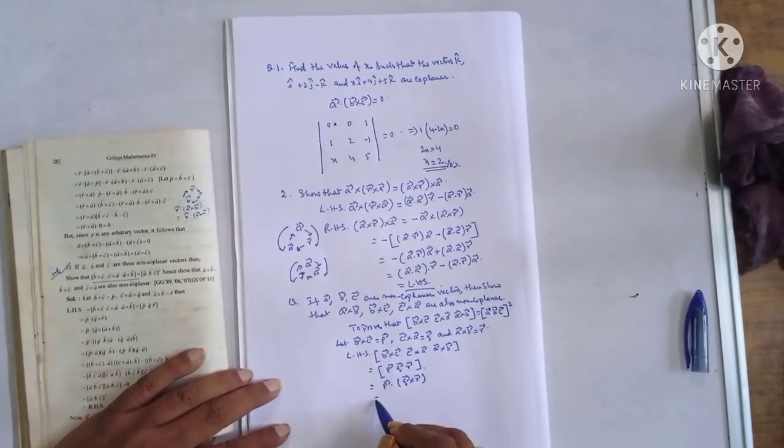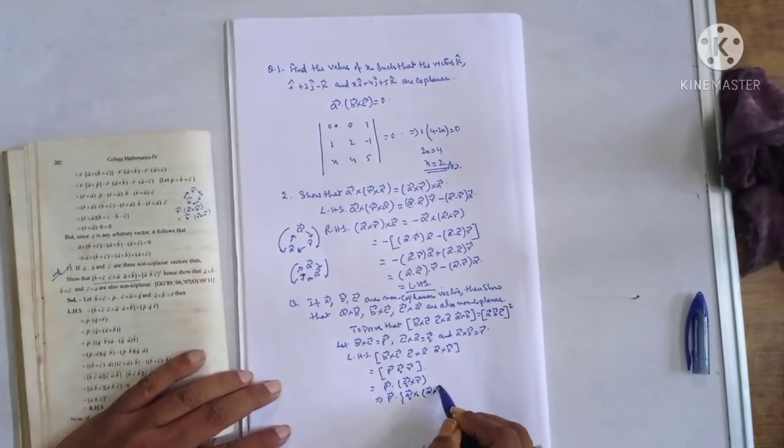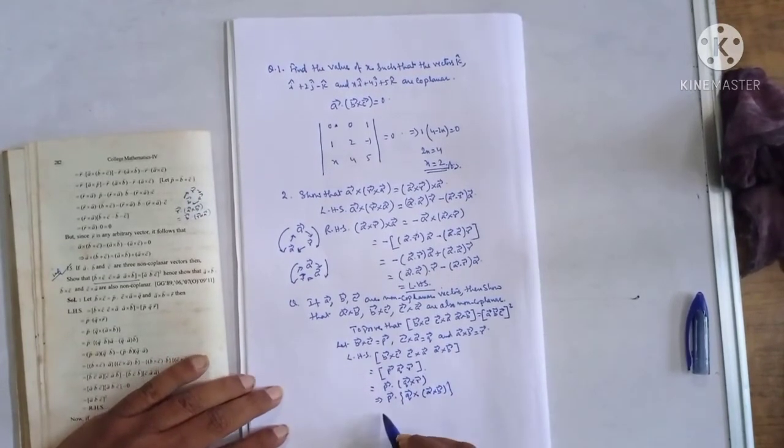So now this is again P vector dot Q vector cross, instead of R vector you can write A vector cross B vector. See here, this is R vector.